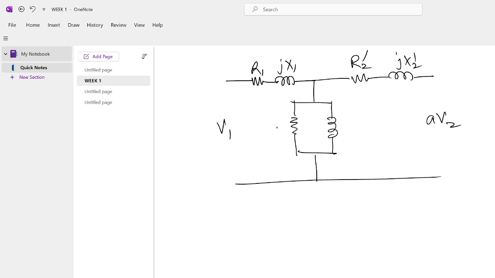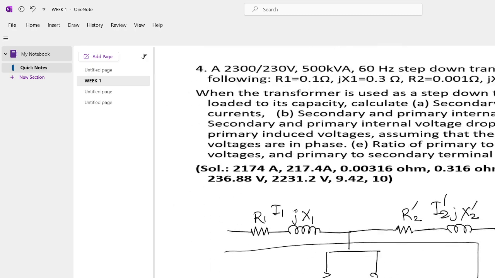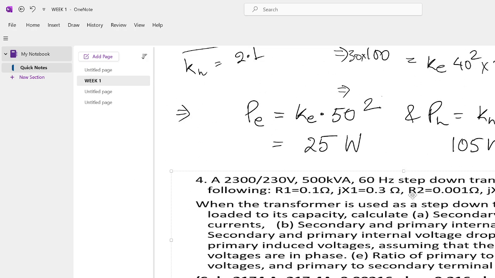This is V1, this is Rc, this is Xm. We have a lot of questions, we need to proceed fast. So this is our main question.